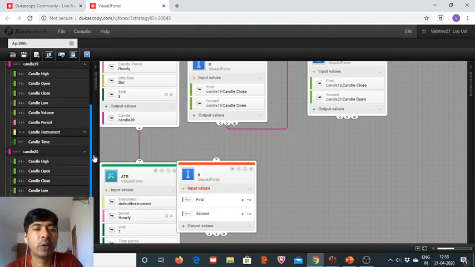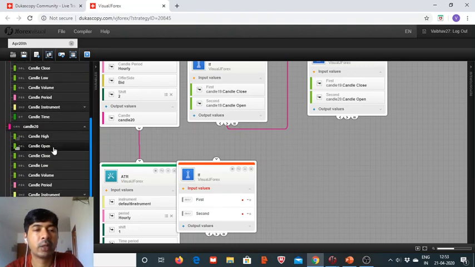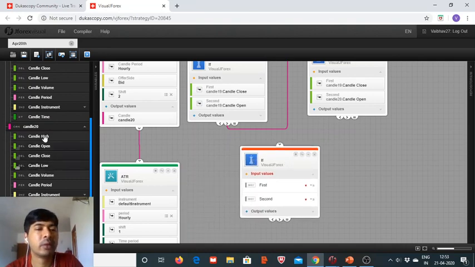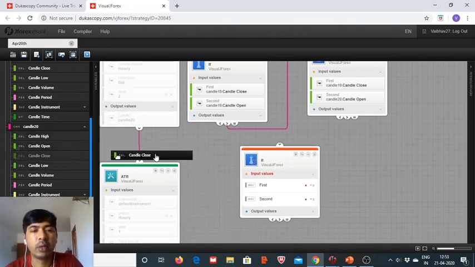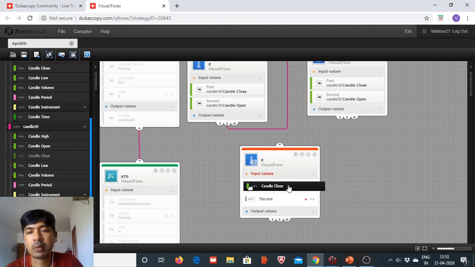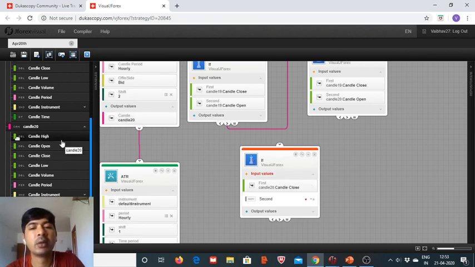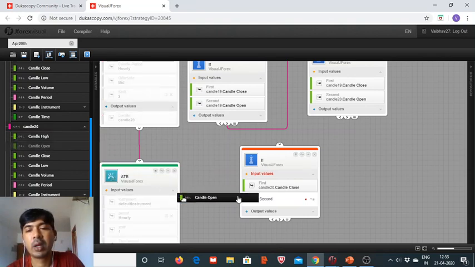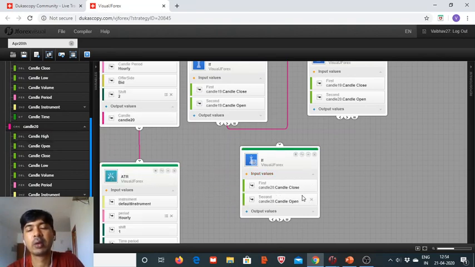That will mean that this candle 20's closing was less than the candle open. So we take this candle 20 and we take candle closing.